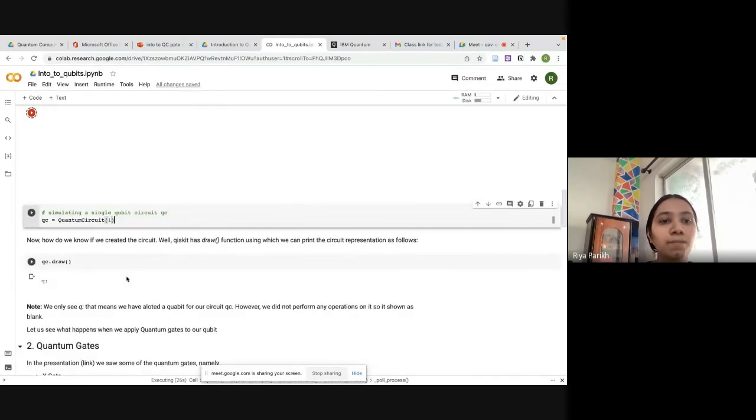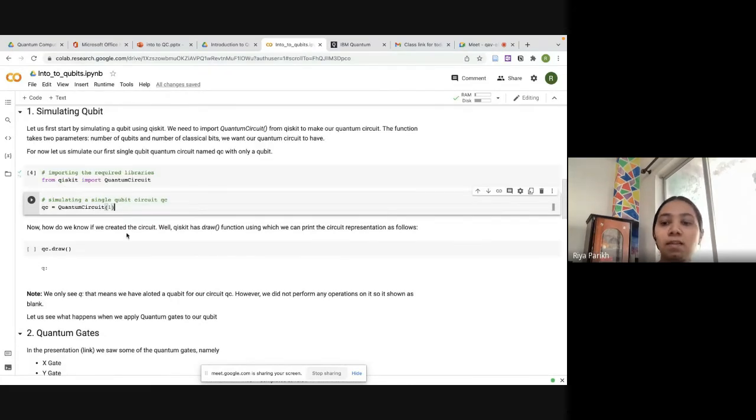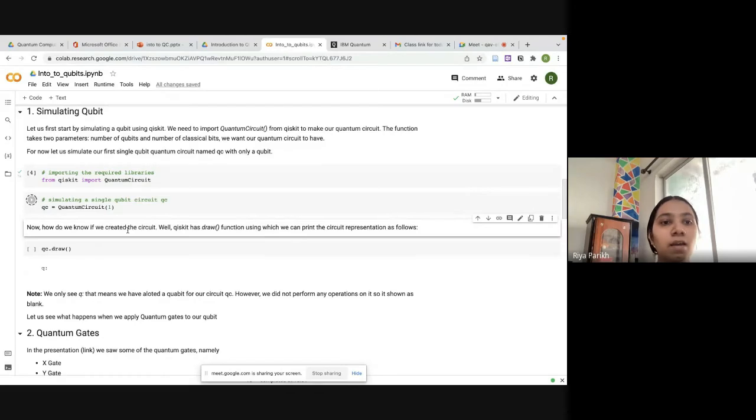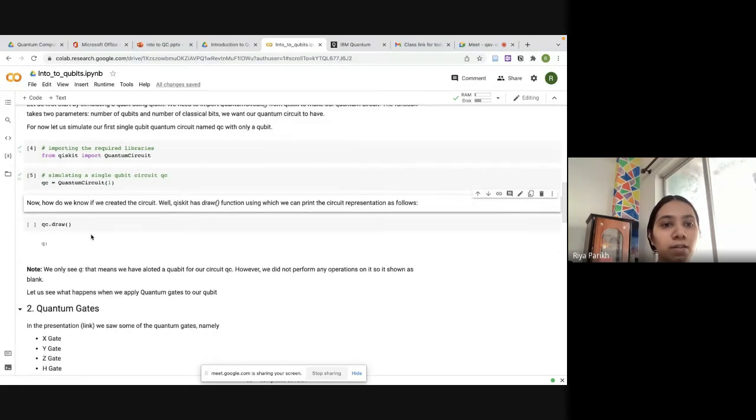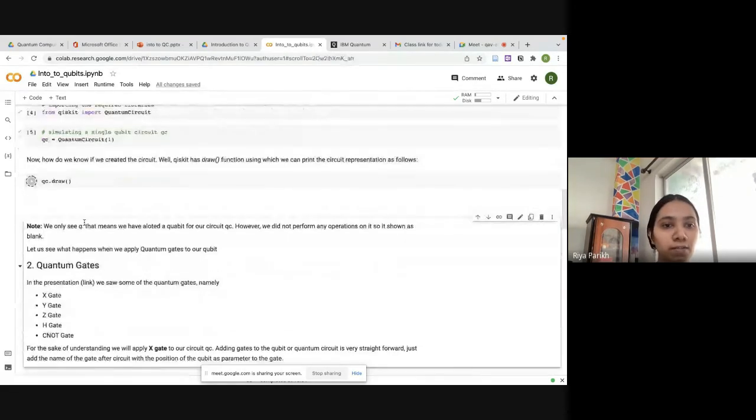So I'm simulating a single qubit circuit here in QC, and we'll draw that QC circuit. As you can see, it's empty because we haven't done any computation on the qubit.